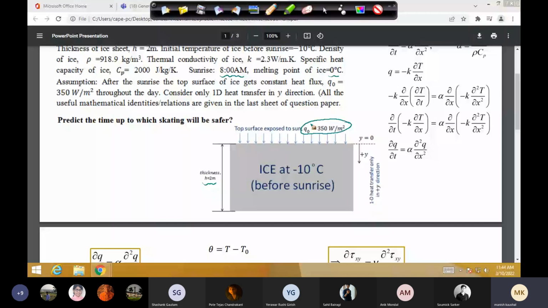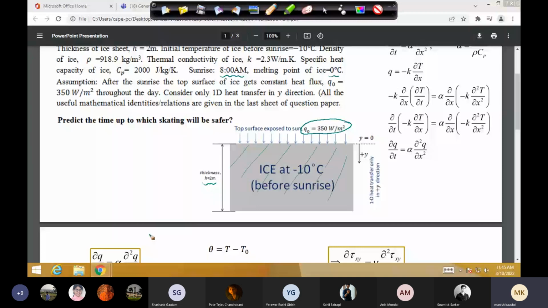The flux falling on the top surface is constant, not the temperature. Initially, before the sunrise, this whole thick layer of ice block, whose thickness is fixed at 2 meter, was at minus 10 degrees Celsius.